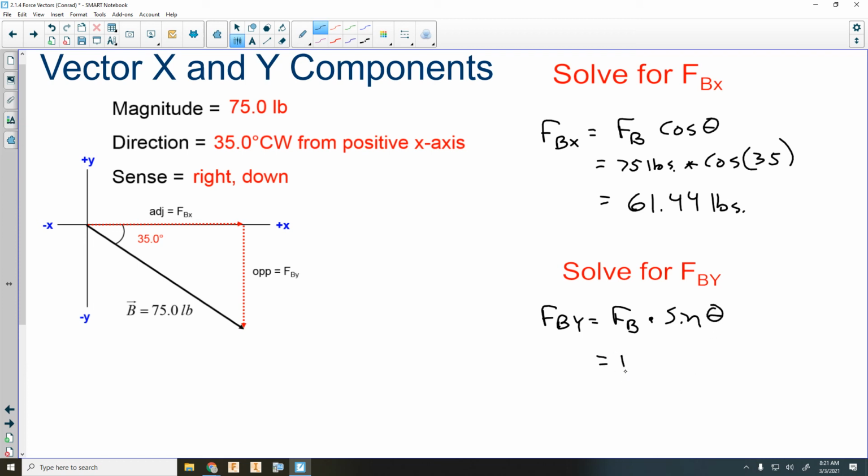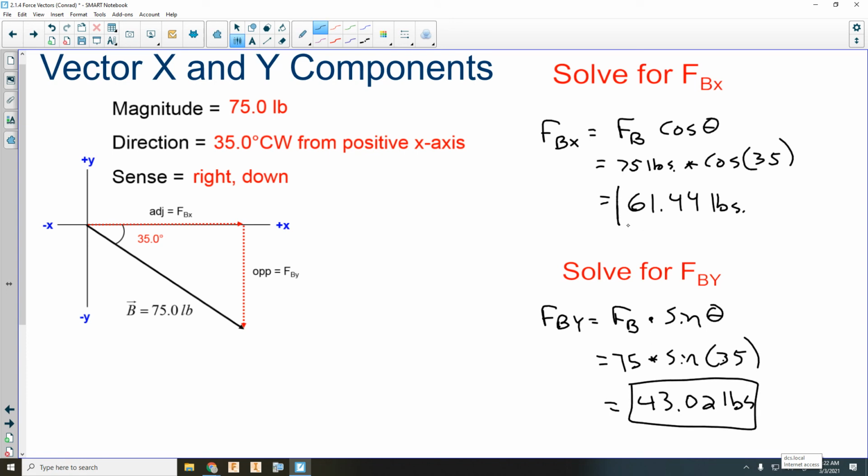So in this case, that's going to be 75 times sine of 35, which is 43.02.